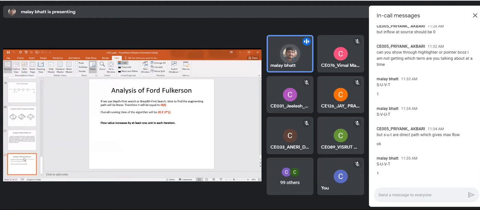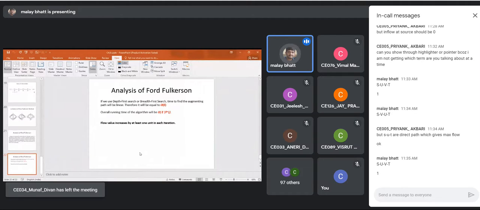And to find each augmenting path, you have to use all the edges of the graph at most. So E into |F*| will be the time complexity of this algorithm. Is it clear? So it is O(|E| × |F*|). So that will be the overall time complexity of this algorithm.